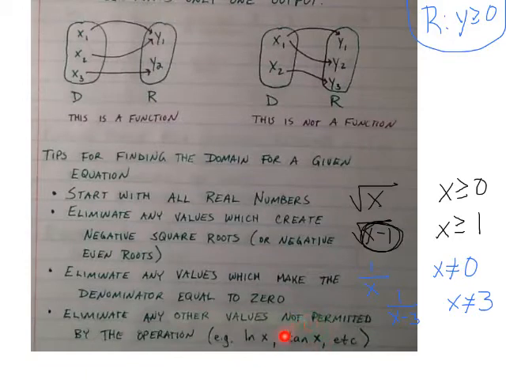Similarly, our trig functions sometimes create restrictions. We're not going to get into those restrictions too much until later on in the year. But for example, tangent x, we could not put pi over 2 in there because tangent of pi over 2 is undefined. But we'll get into that further in the year, so don't stress the trig functions.